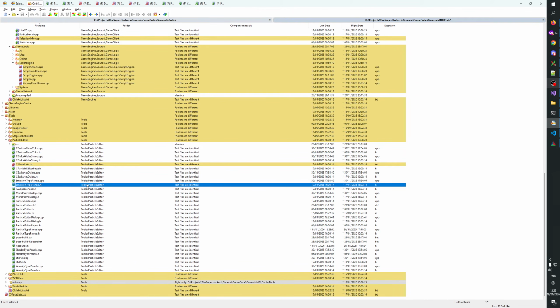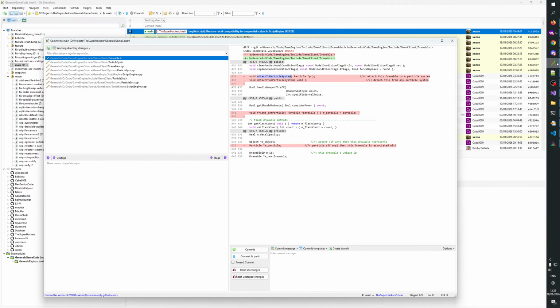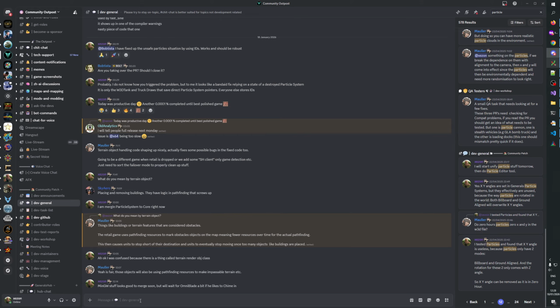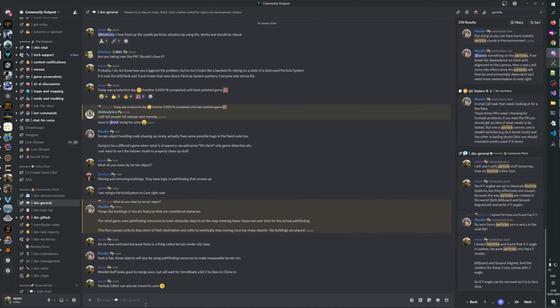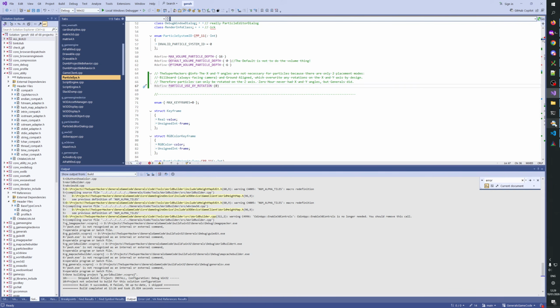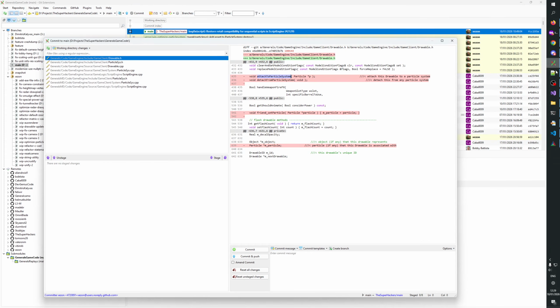Okay, we can then also merge the particle editor in its entirety. That's nice. Okay, cool. Good, then I think we have fixed up everything.